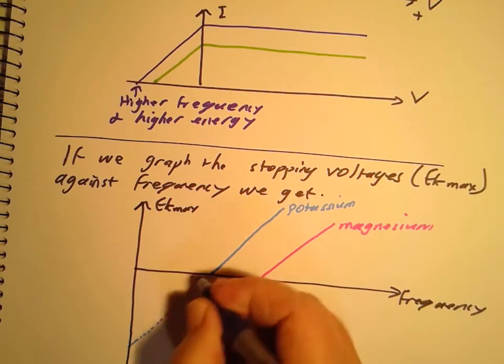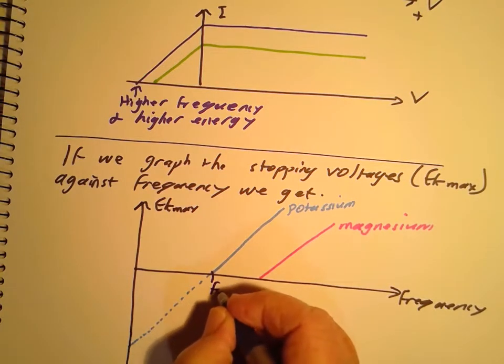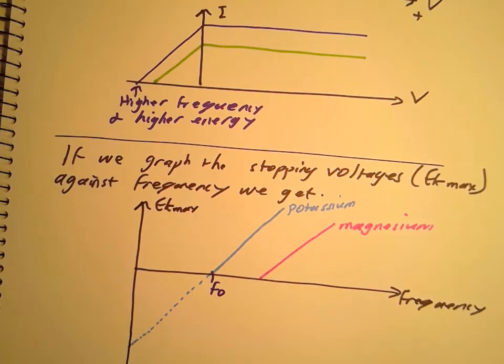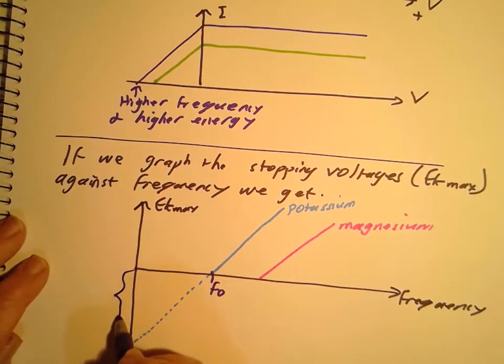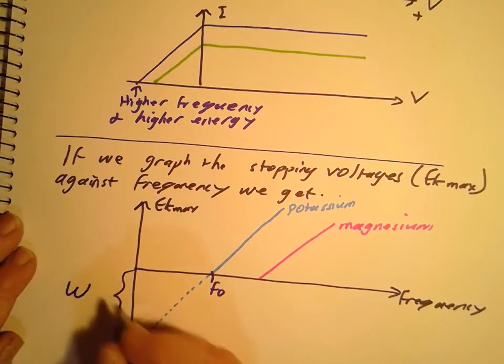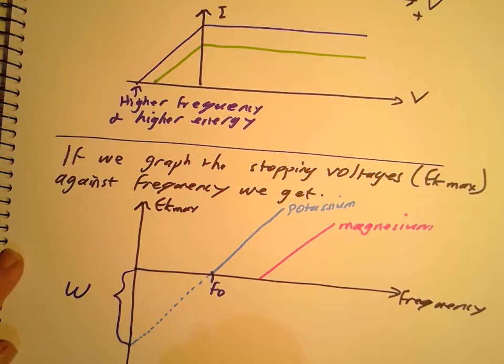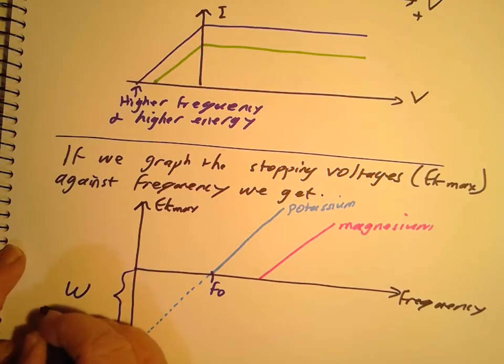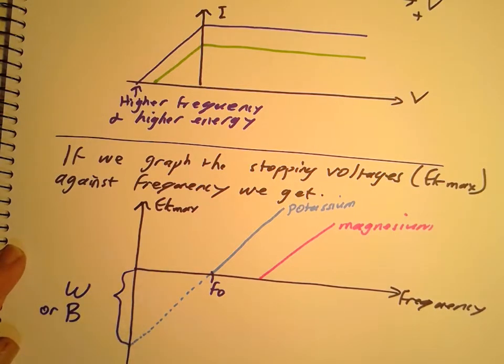So where it strikes here is F0 because that's the threshold frequency. That's the lowest frequency that an electron can come out. This is a really important quantity, not the negative value, but most textbooks will now tell you that that's W. The occasional book will probably tell you that there's another version that can be called B, but they both have exactly the same meaning.